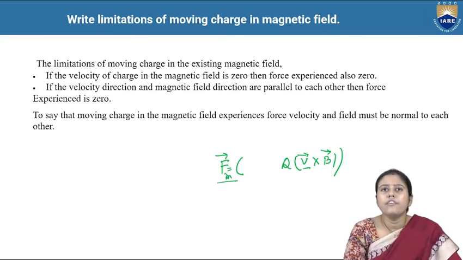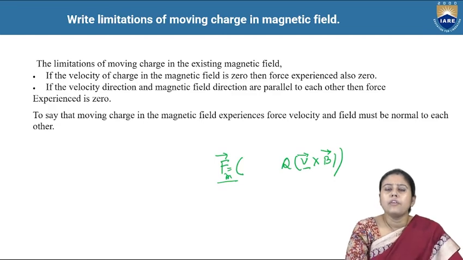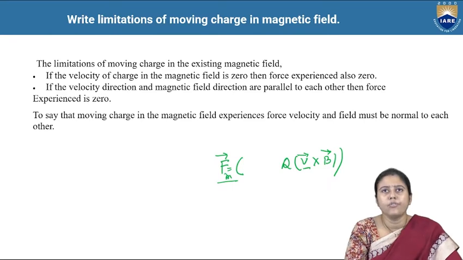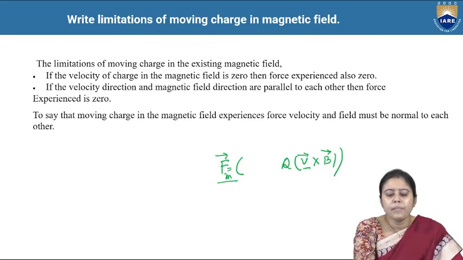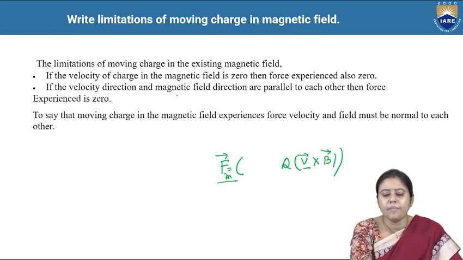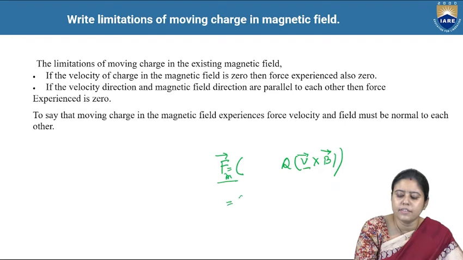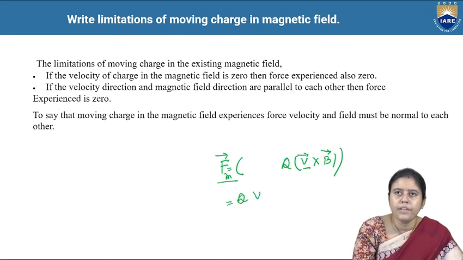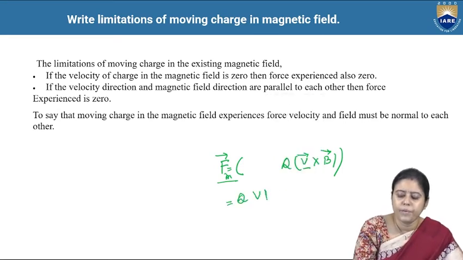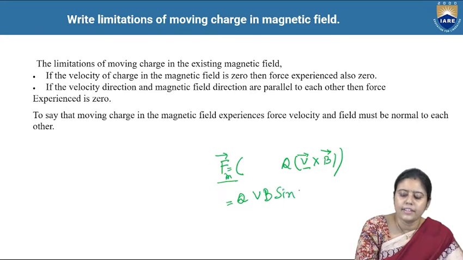What is the meaning of velocity equals 0? It means whenever it is a current carrying conductor but it is not rotating, it is a fixed one, then we can say the force will be 0. If the velocity direction and magnetic field direction are parallel to each other, the force experienced is 0. So what does it mean? V cross B means V B sin theta.